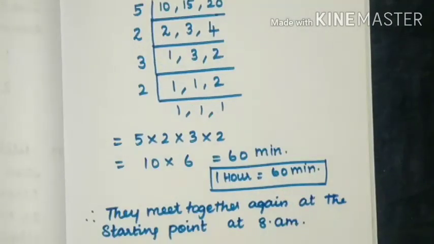Wilson, Madan and Guna meet together again at the starting point at 8 am. Students, is it clear? They start together at 7 am. Here the answer is 60 minutes. 1 hour equal to 60 minutes. So they meet each other after 1 hour. Therefore, they meet together again at the starting point at 8 am.